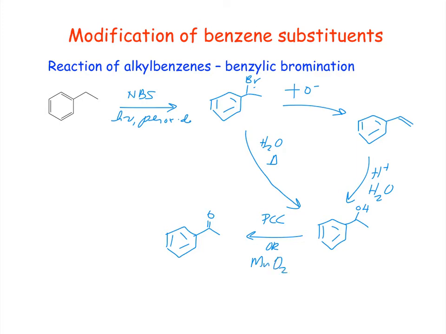This is especially good for oxidizing either benzylic or allylic alcohols. It won't oxidize another primary alcohol somewhere that's not at the benzylic or allylic position. So it's selective about that. All right, so we can do various things here too.